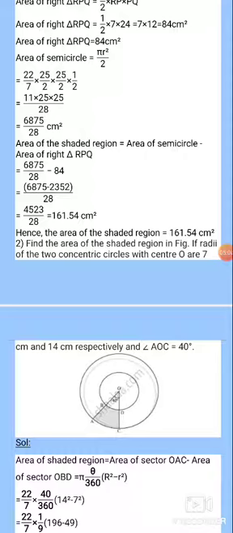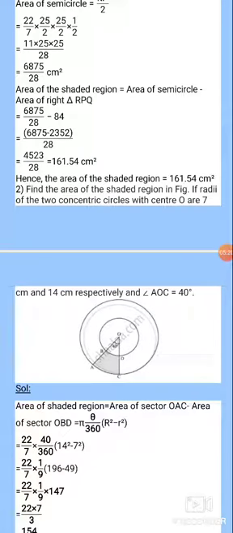Now since two sectors are there, pi and theta by 360 we can take common. Inside the bracket: capital R square minus small r square. Now substitute. Capital R is 14, so 14 square minus 7 square, and 22 by 7 as the pi value. Then theta is 40, so 40 by 360 you can cancel to 1 by 9.